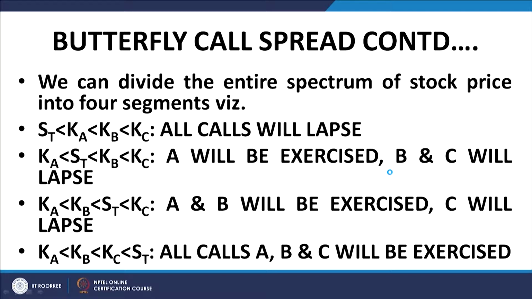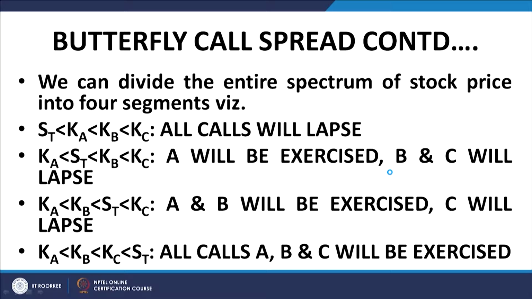Similarly, if Ka is less than Kb, that is given, and Ka is less than Kb is less than St. In other words, St is greater than Kb and St is greater than Ka, obviously. In that situation, option A as well as option B both will be exercised. Remember, there are two options with strike price Kb and both of them are short.